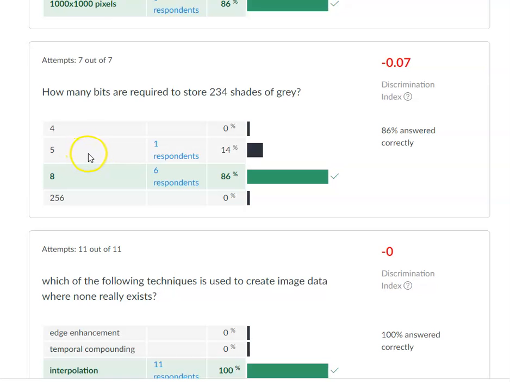So 5 bits would give you 32 shades of gray. 8 bits would give you 256 shades of gray, which is plenty to include 234 shades of gray. So the answer is 8 bits.